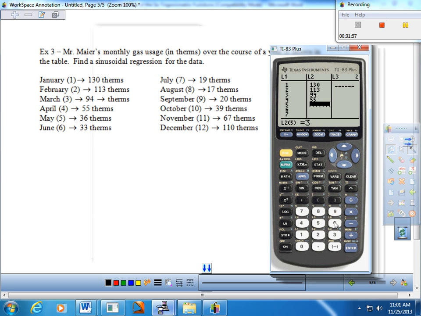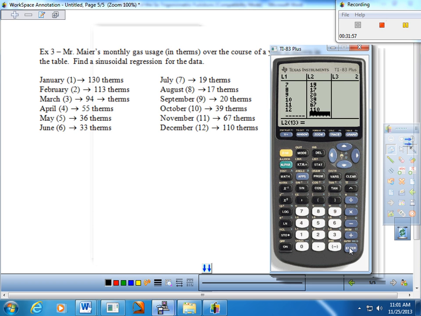As you can see, it's going down and down as we get closer to the summer months. Cool. Almost there, guys. Hopefully you're with me on this piece. By the time we get back into November and December, it's gone back up again. All right, very cool. So that was over the course of 1 year.